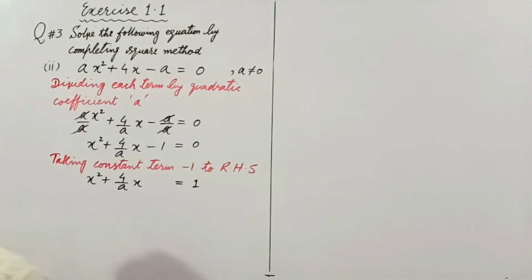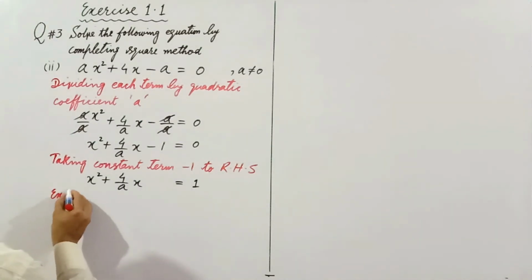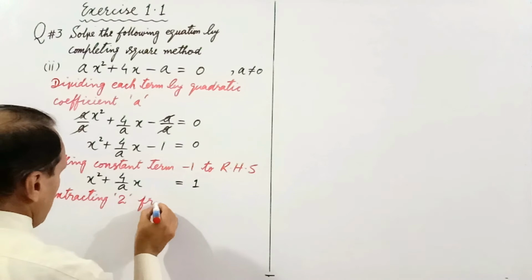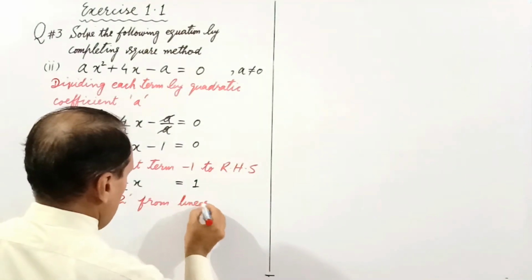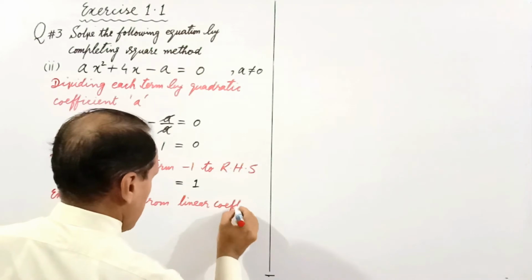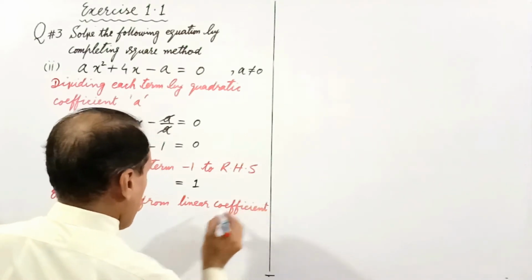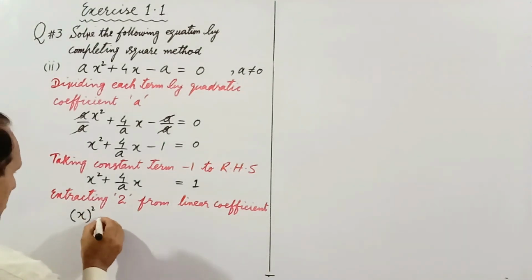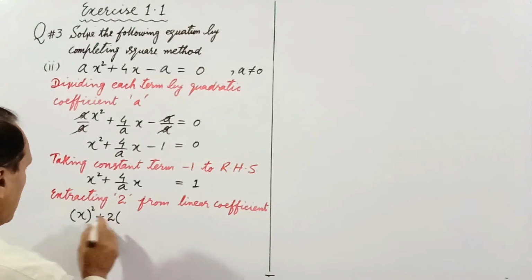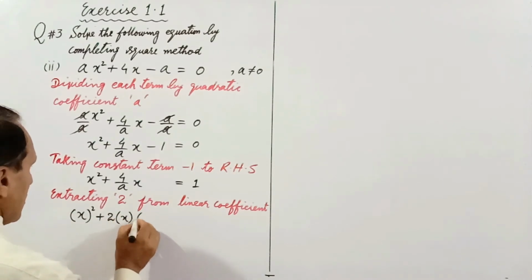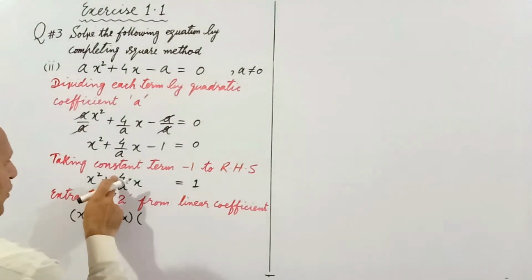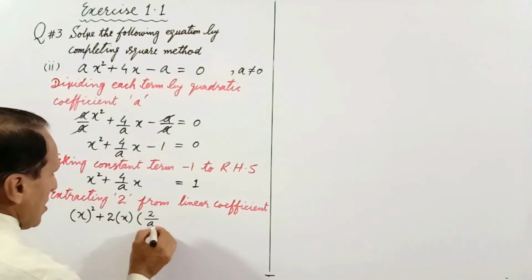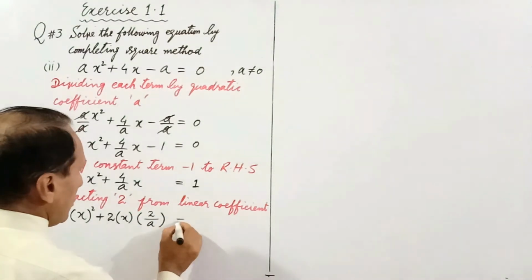So by extracting 2 from the linear coefficient, we have x square plus 2 into x into 2 over a equal to 1, since extracting 2 from 4 leaves 2 in the numerator and a in the denominator.